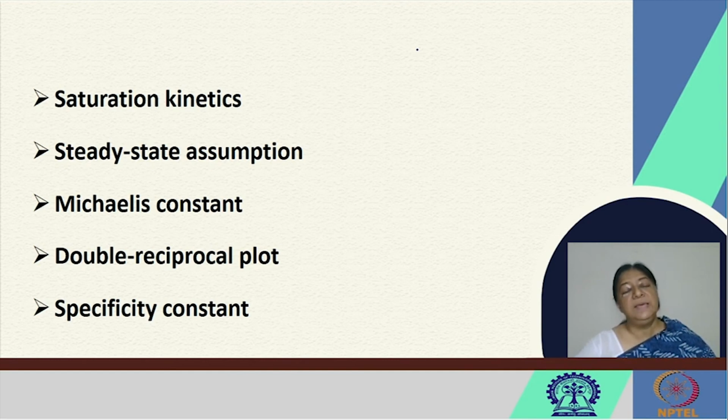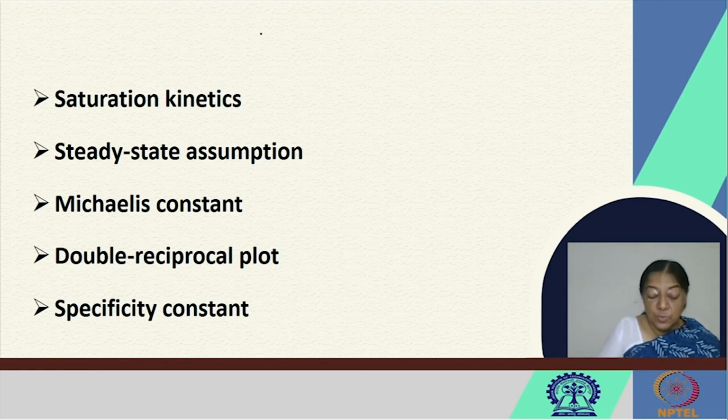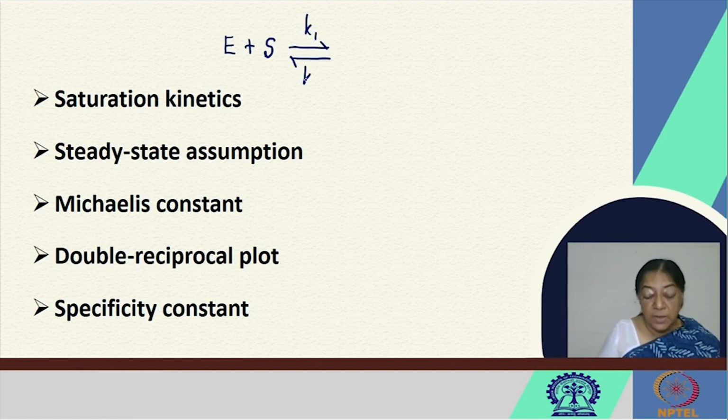So, in the Michaelis-Menten kinetics, what we look at is a saturation, indicating that we have our enzyme of interest that has taken up a substrate, in a pre-equilibrium step that involves a forward reaction rate of K1 and reverse reaction rate of K minus 1, forming our enzyme substrate complex.